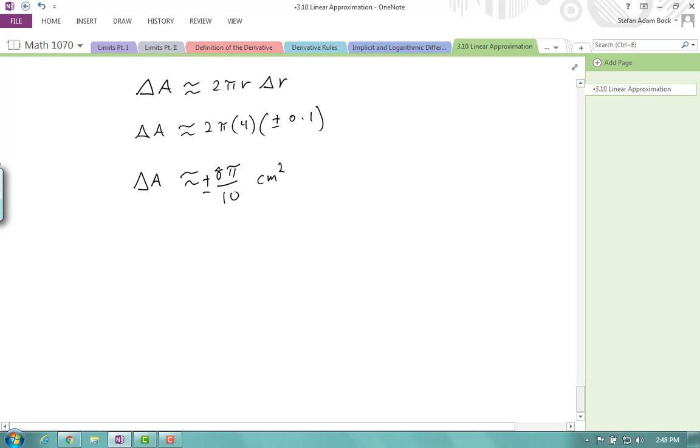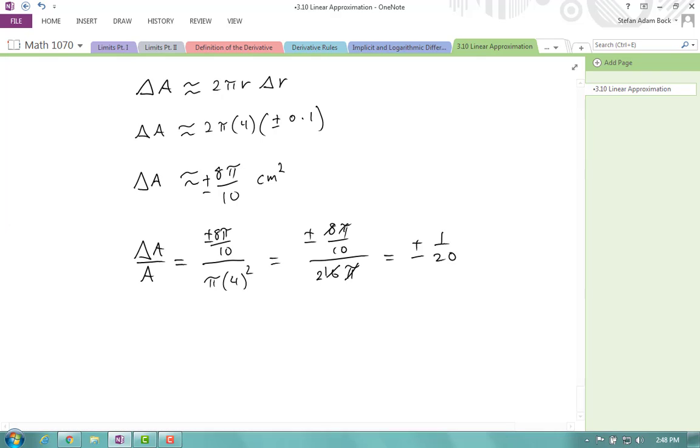But the book might ask you to estimate the relative error, and the relative error is just the delta A divided by A, which would be plus or minus 8 pi over 10 divided by pi r squared, which is plus or minus 8 pi over 10 all over 16 pi, cancel, cancel, giving me plus or minus 1 over 20.